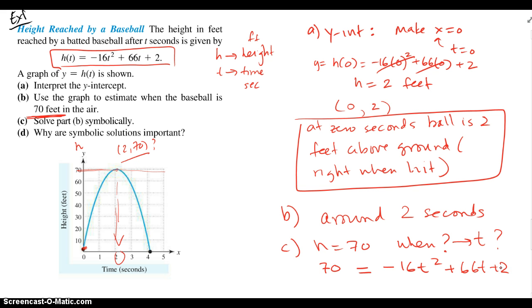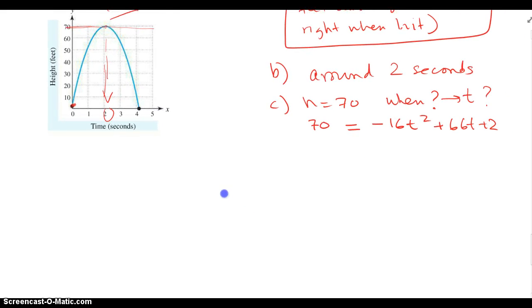Notice this is a quadratic equation, and I'm going to set it equal to 0. 0 equals negative 16t squared plus 66t minus 68.